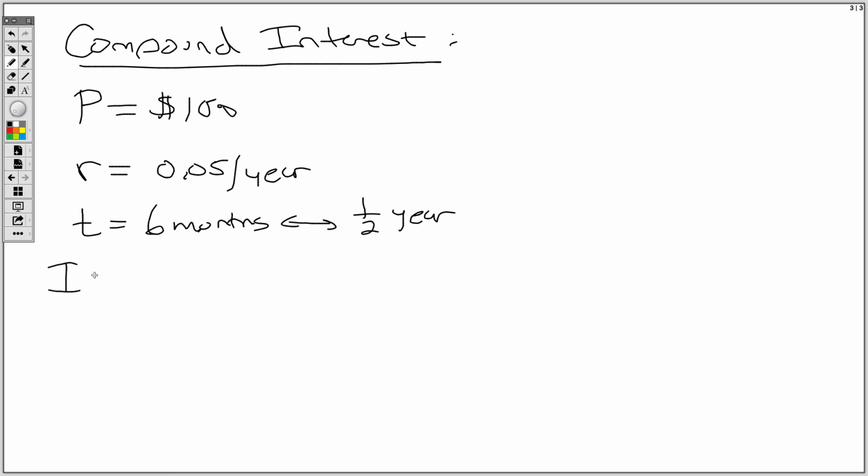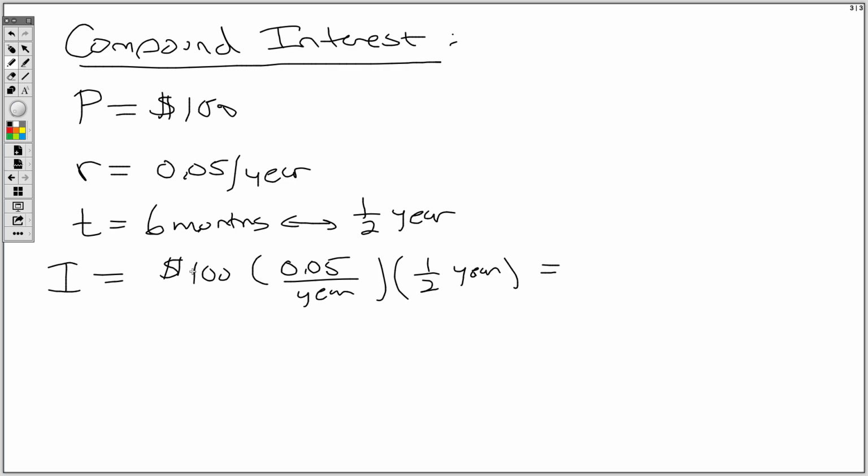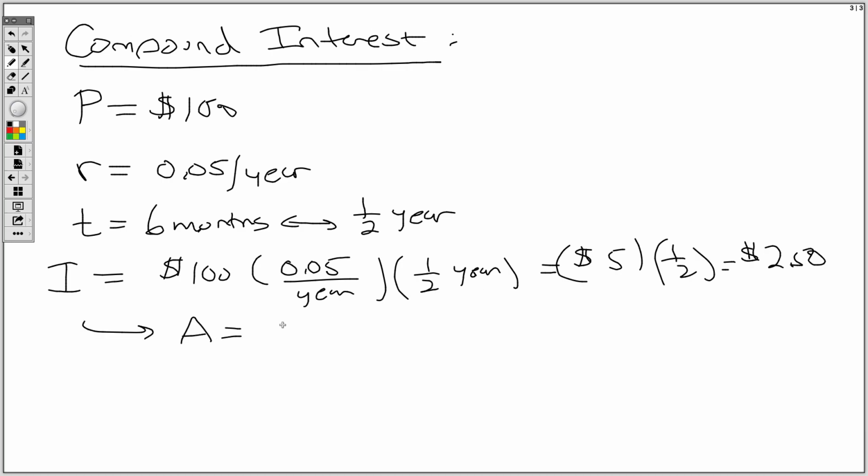Then my interest would be the $100 times the 0.05 per year times the half year. And not surprisingly, you get the $5 times a half, so you get $2.50. So hopefully it's not surprising that the amount after 6 months is $102.50. You left the investment in there for half the time, you earned half the interest.